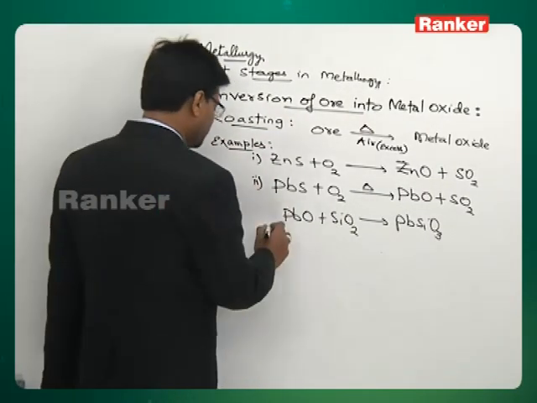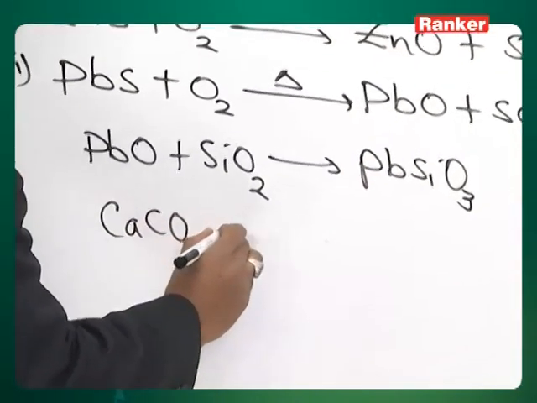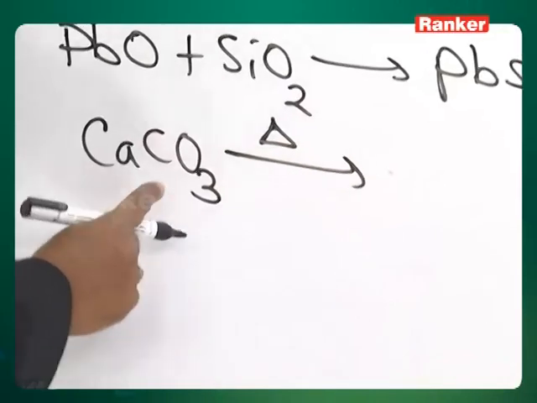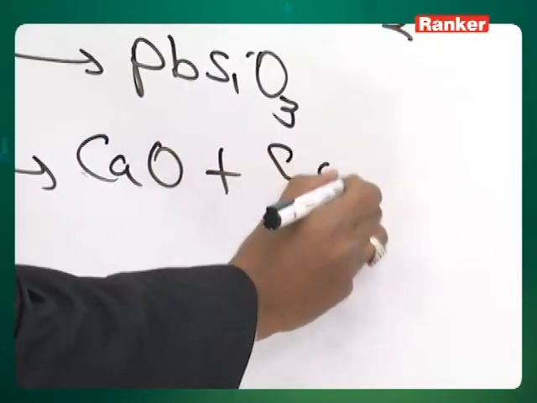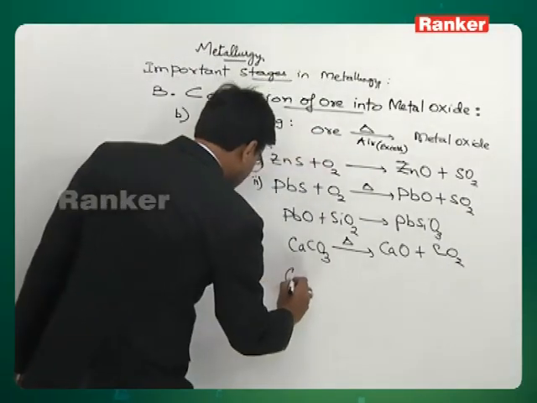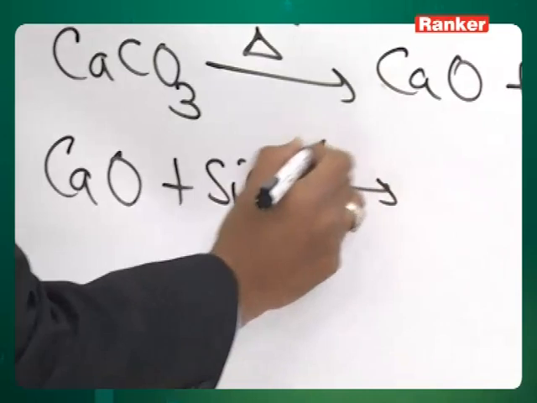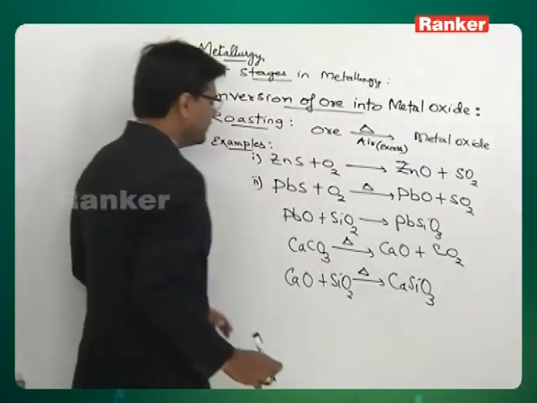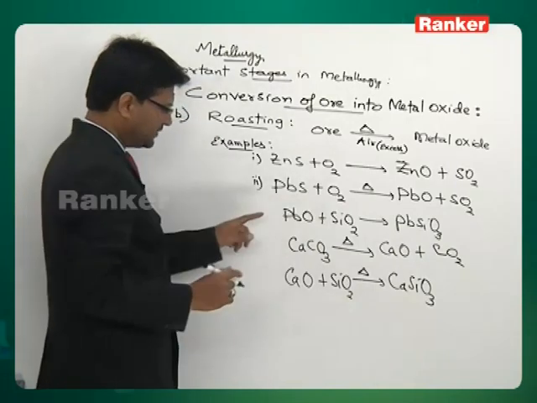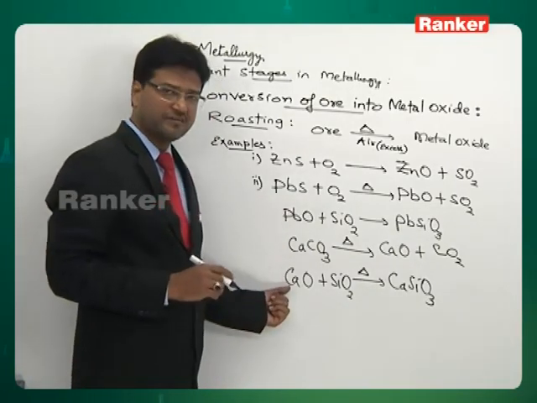So it becomes important to prevent this reaction. To prevent this reaction, we need to add CaCO3. Then CaCO3, the limestone, will decompose to give calcium oxide and carbon dioxide. Calcium oxide then reacts with SiO2 to give CaSiO3. So if calcium carbonate is present, then calcium oxide will be formed.